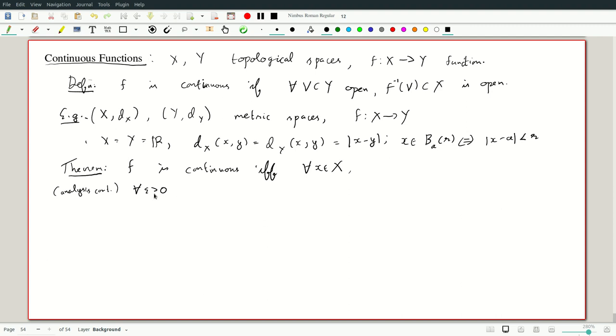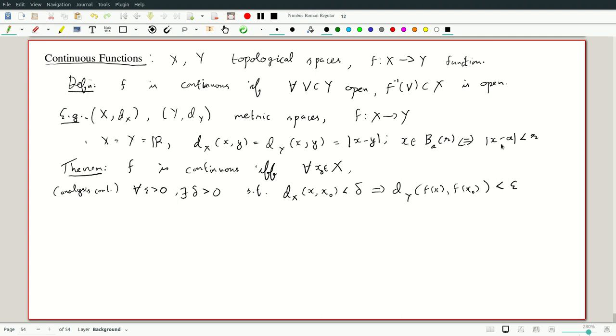Analysis continuity says for all x in X, for all epsilon greater than 0, there exists delta greater than 0 such that, well, I'll write it out not in terms of balls, but in terms of distance: for all x naught in X, the distance in X between x and x naught less than delta implies the distance in Y of f of x with f of x naught is less than epsilon.